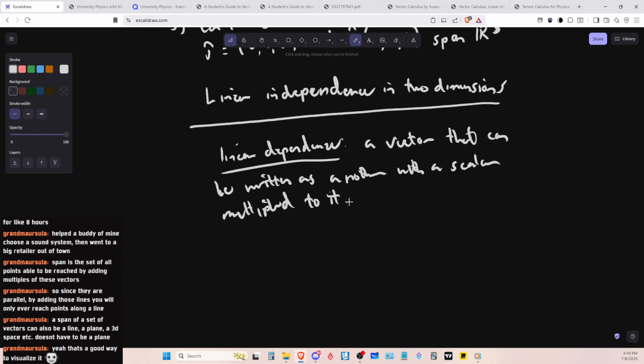I mean, that's the best way I can summarize a linear dependence. And when you think of linear independence, it's like the opposite, where it's like a vector that can only be written by that combination of numbers.